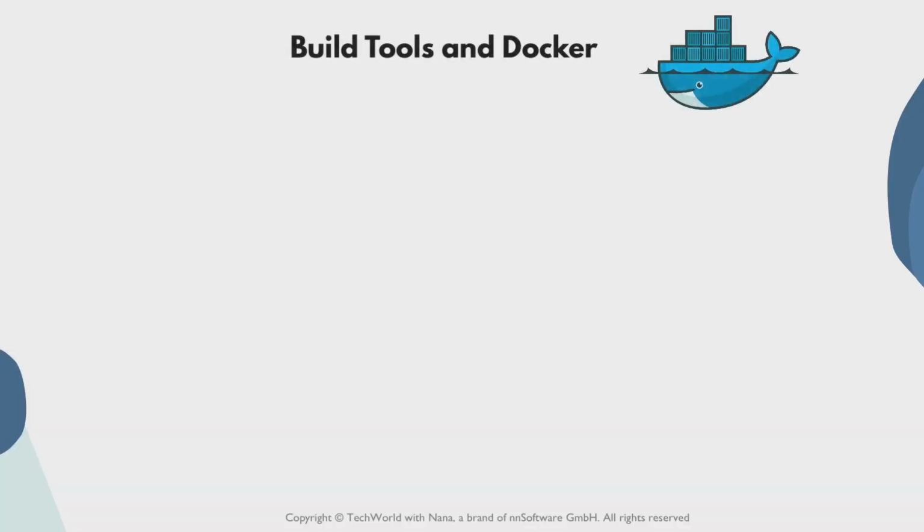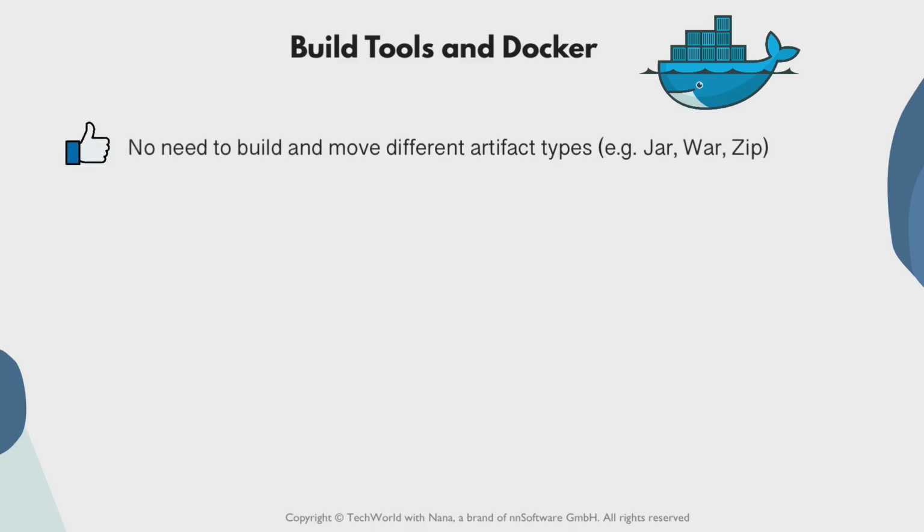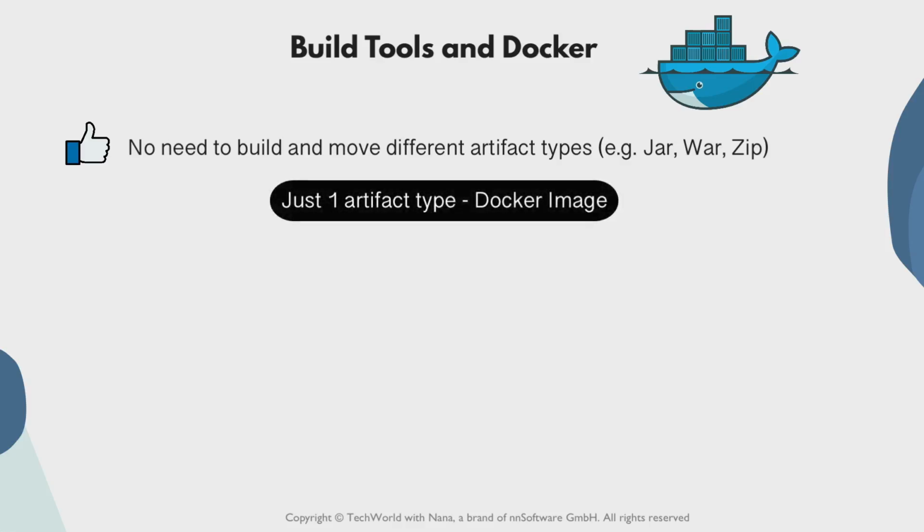The first one is that building and distributing artifacts of different applications was made easier with Docker. So we are working with just one type of artifact, which is Docker image, instead of having different types of artifacts, like jar and war for Java, and zip and tar for different applications.